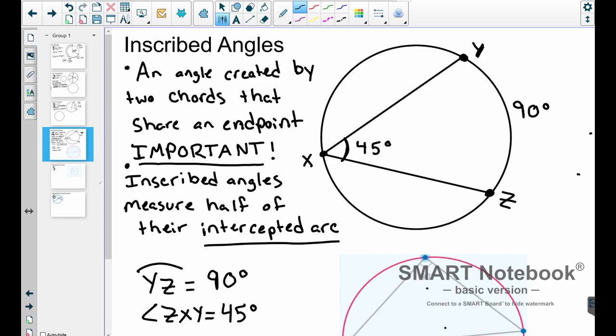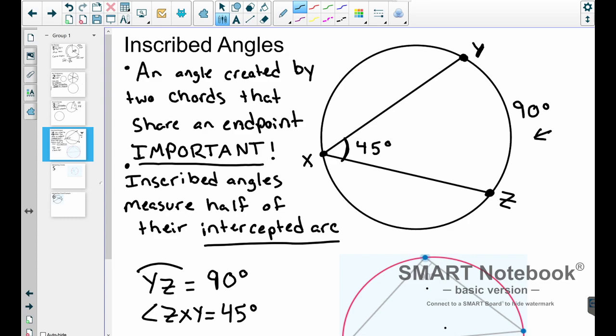Let's review what we just said, because this is brand new material, and this is very important stuff. So an inscribed angle is an angle created by two chords that share an endpoint. They're easy to remember in that they touch all 3 points on the edge of the circle somewhere, whereas the central angles we've been looking at have one that's in the middle, on that center point. Inscribed angles are going to be all 3 pieces touching the circle somewhere.